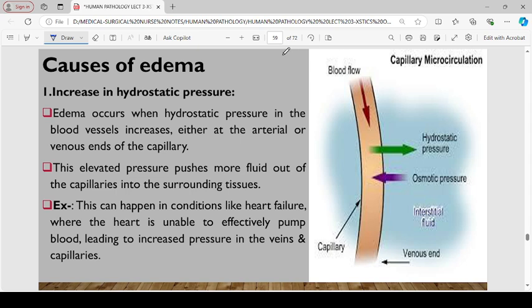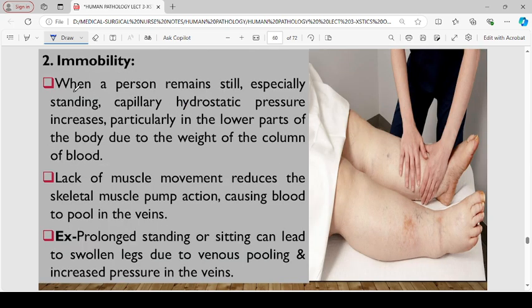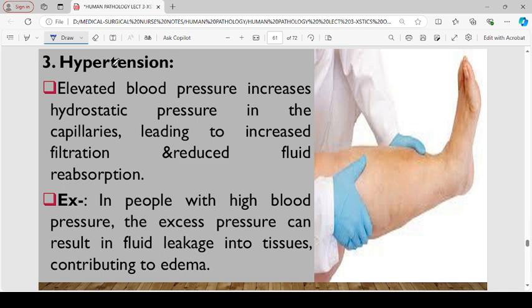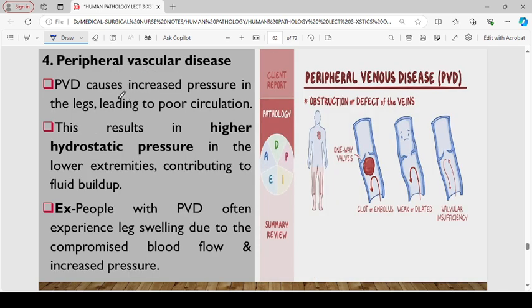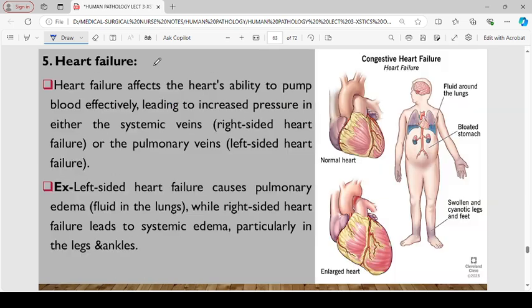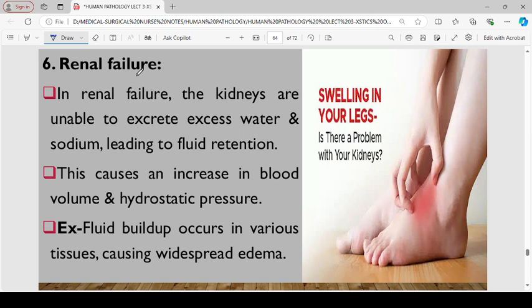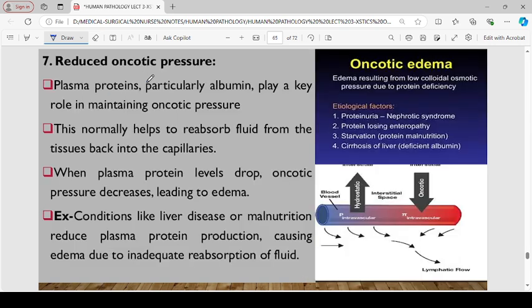So what are some of these causes? Edema could be caused by increased hydrostatic pressure. It can also be caused by immobility, or hypertension could also contribute. Edema can also be caused by peripheral vascular diseases, heart failure, renal failure, and reduced oncotic pressure.